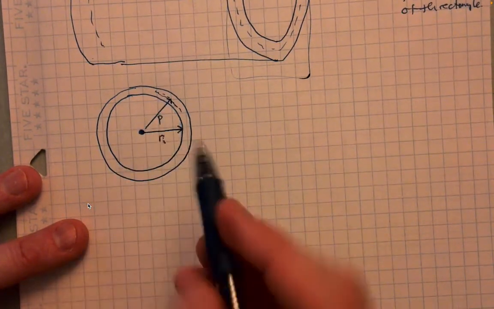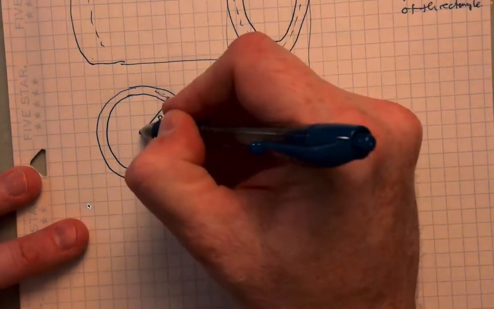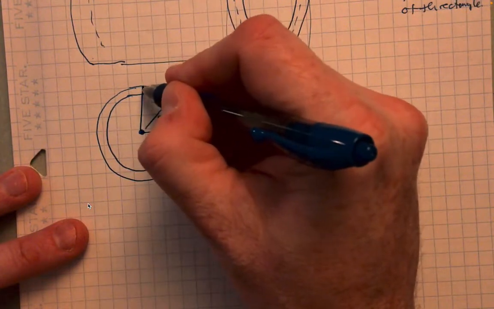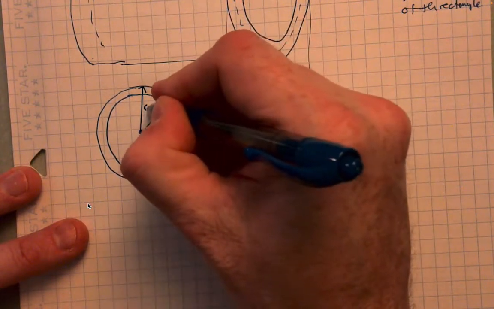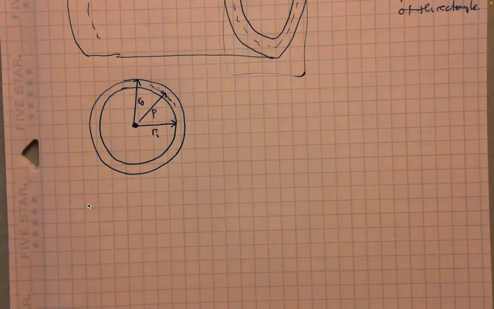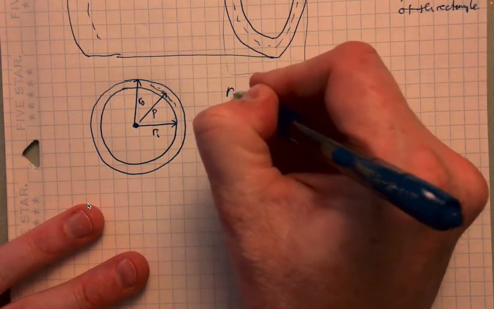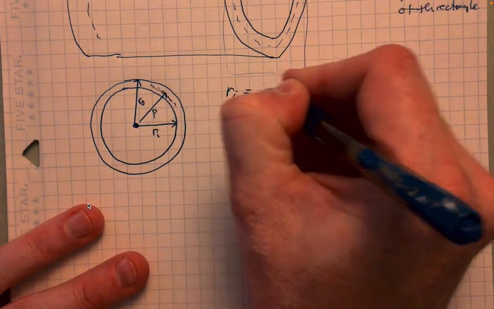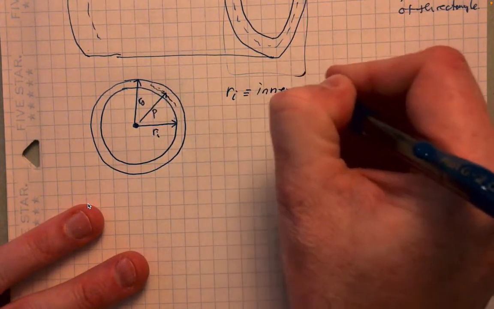And then we can also define the outer radius, which we'll call r_o. That's the distance from the center, i.e. the axis of revolution, to the outer edge of the rectangle. So you've got two pieces here: r_i, which is the inner radius.